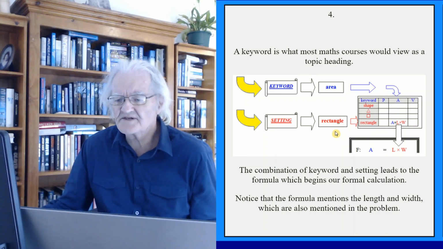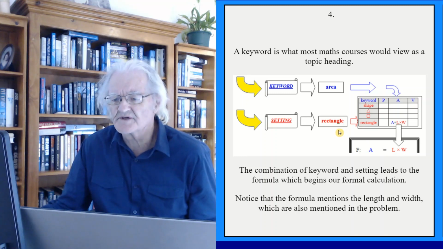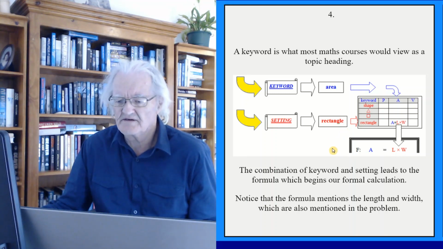So from the sections of school courses which refer to areas and rectangles, we can extract the relevant formula: area is length by width. You'll notice here that I've represented the summary of the school courses in the form of a small database.